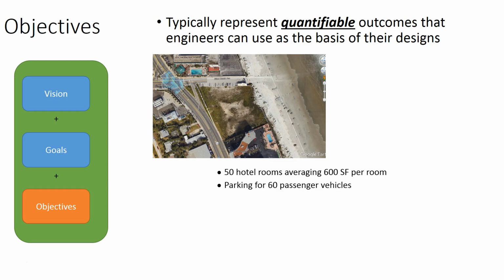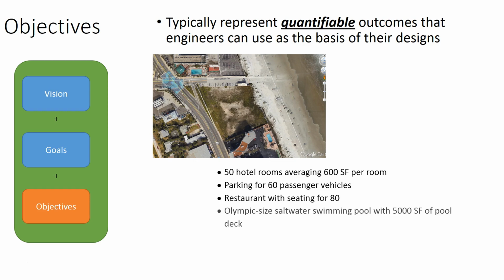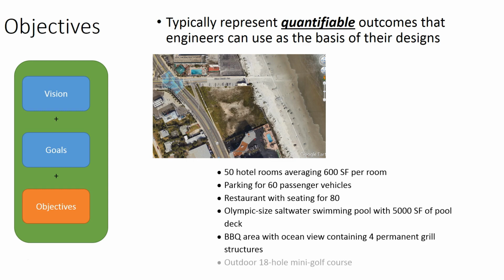We might need to allocate space for 60 parking spaces for 60 passenger vehicles. We might need a restaurant with seating for 80. I threw in an Olympic-sized saltwater swimming pool with 5,000 square feet of pool deck. We'd like to have a barbecue area where we can watch the waves and have some barbecue grills out there. And then just for fun, why not throw in an 18-hole mini golf course?